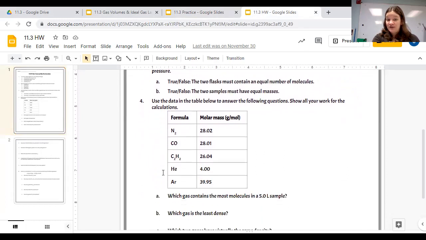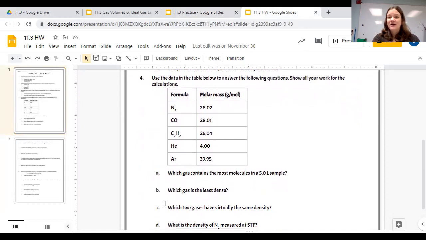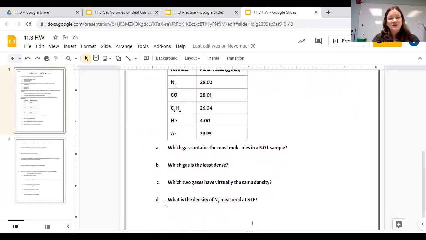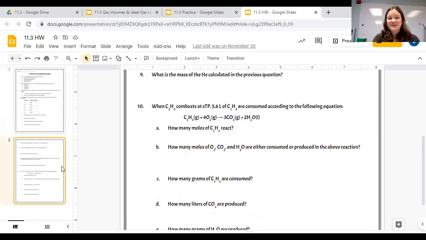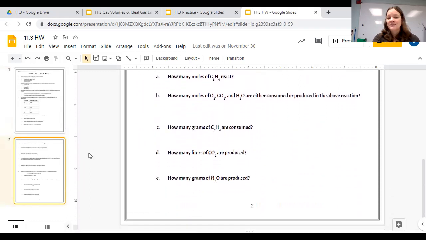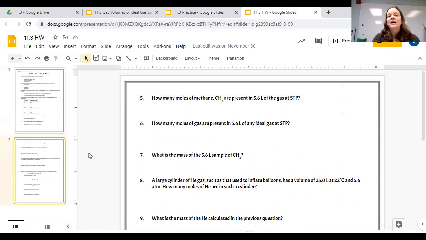So pay attention to the fact that that's multiple choice and then true, false. Number 4 is not multiple choice. It's a series of questions relating to this table. And then on the back, you're doing more of the same kind of stuff that we've been doing with the practice problems and with the notes.